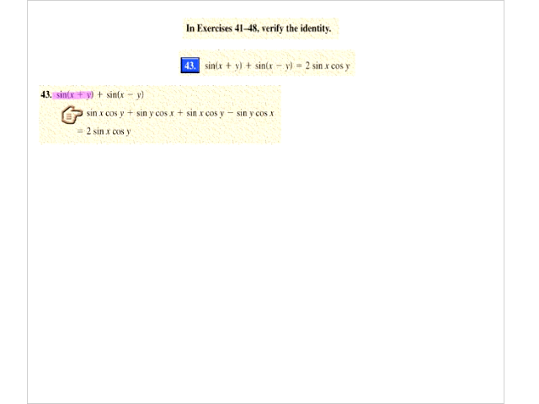Then we combine like terms. Sine x cosine y plus sine x cosine y is 2 sine x cosine y. The other ones are going to cancel each other out. So, combining like terms, we were able to verify the identity.